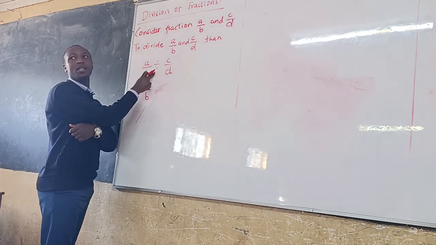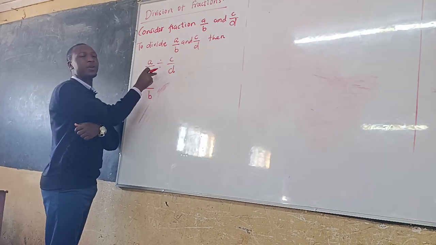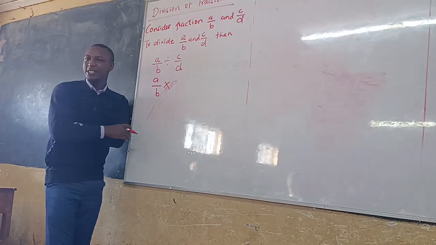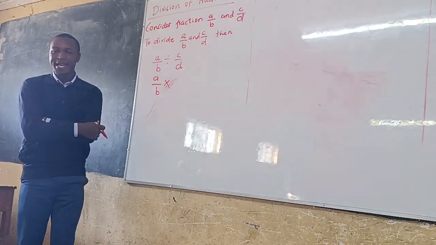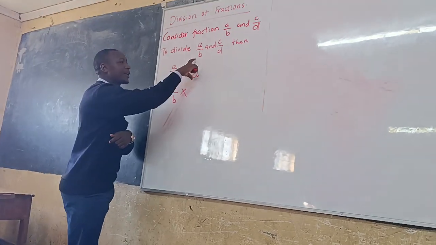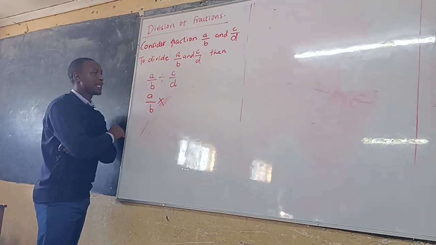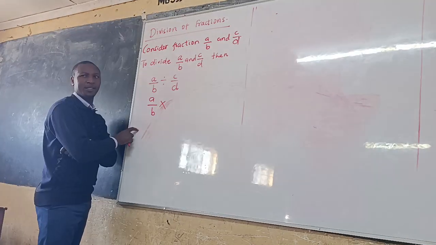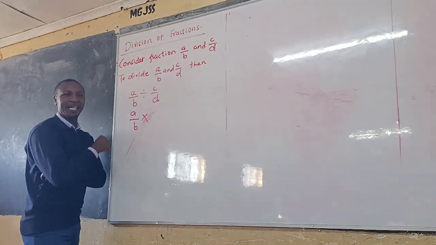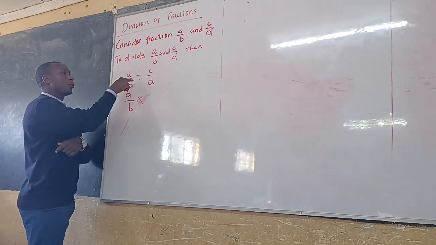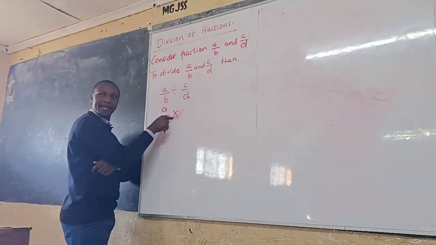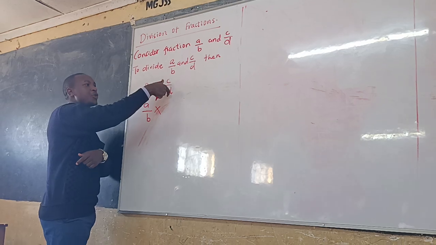You should know this. We replace division with multiplication. And then, what do we do to the second fraction? Let me tell you. You replace division with multiplication, and then the second fraction, you invert it.